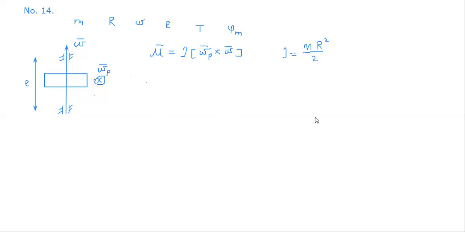Okay, but if we have a vector product, how to find the direction of a vector product? It may be done with the right hand rule.